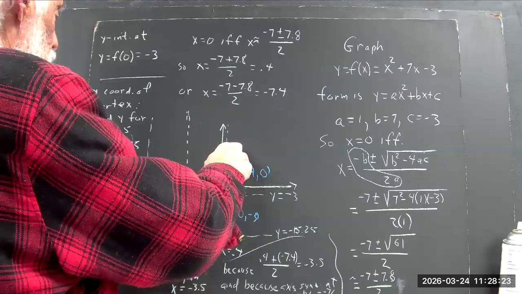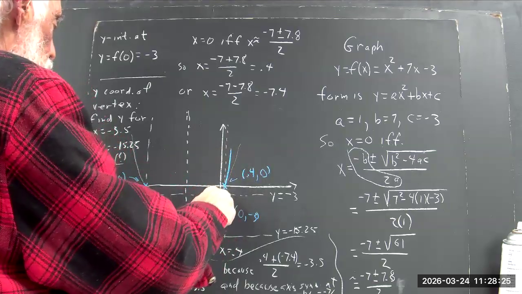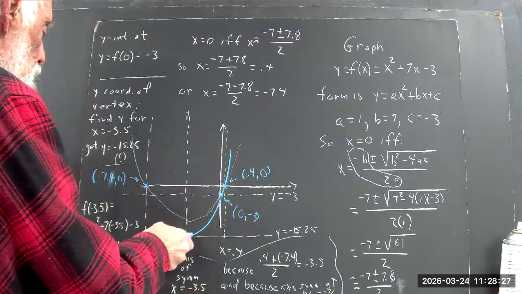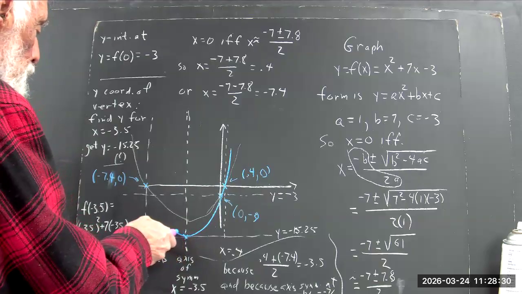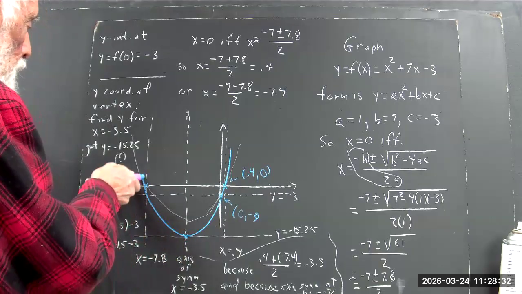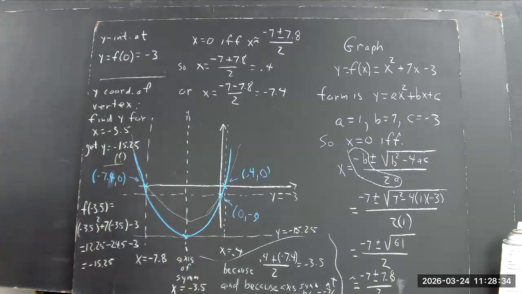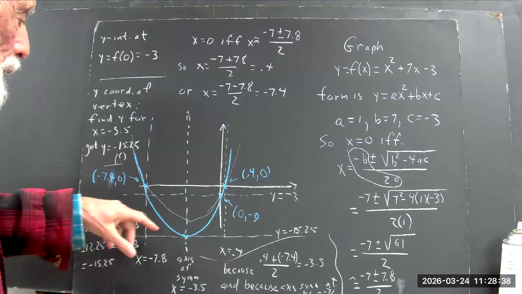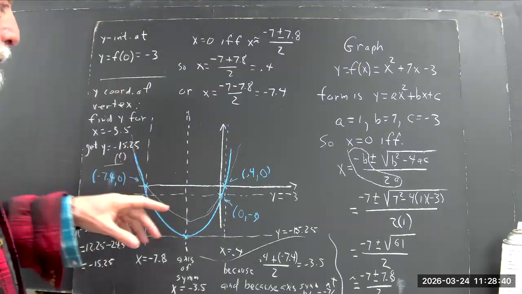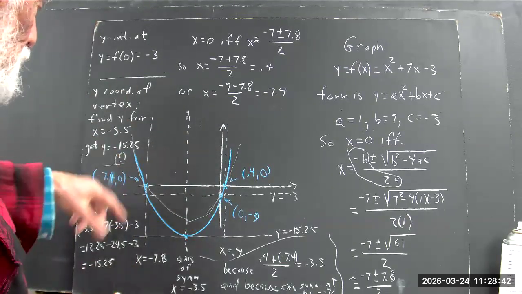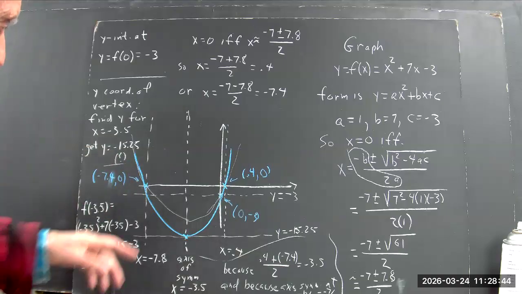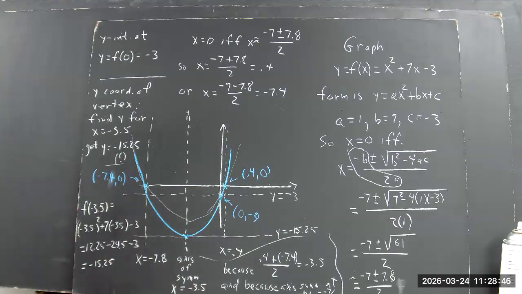In any case, you come down like so and like so, come down to a vertex here, and then curve back around. And that's not a great parabola. It should have been steeper over here. But you get the idea.